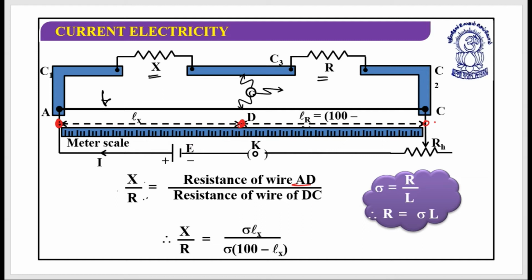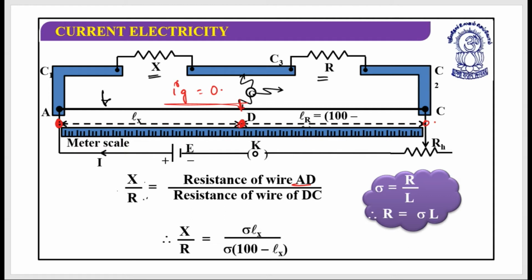What I have done is, using trial and error, I have found the null deflection, and at this point I have found the null deflection. While I say null deflection, that means Ig should be equal to 0.